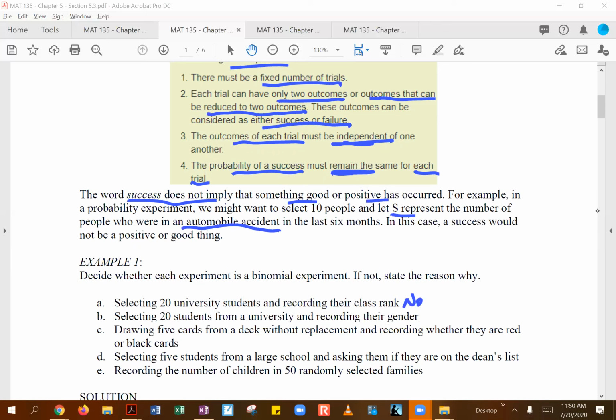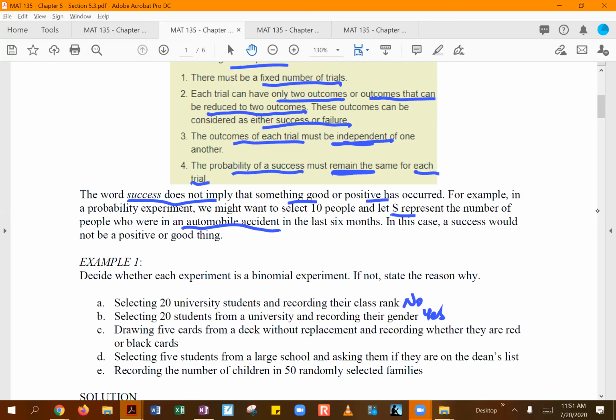That's also true, because if you keep selecting 20 students, whether they are male or female, that outcome is not going to be affected, and the probability of success will remain the same. So all 4 requirements are satisfied, so yes, this is a binomial experiment.